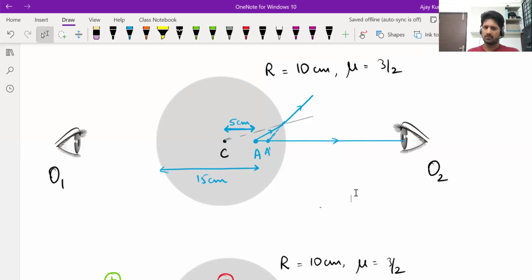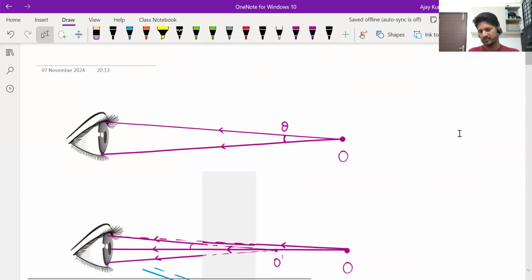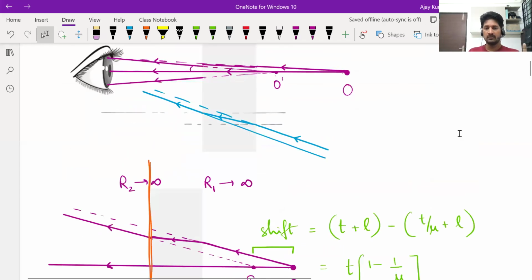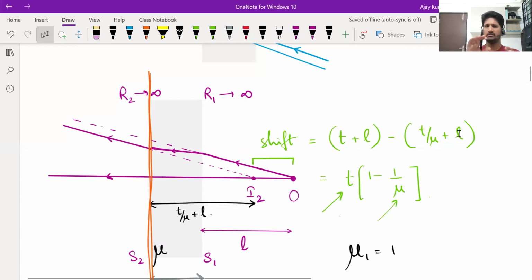Of course, curved surfaces are also important. Today you learned what to do if multiple refractions happen. Whether it's reflections or refractions, the image formed by the first reflection or refraction behaves as an object for the second one. The image formed by the second one behaves as an object for the third one, and so on. That is the idea, and you understand why it is like that. It all depends on the way light strikes a surface.